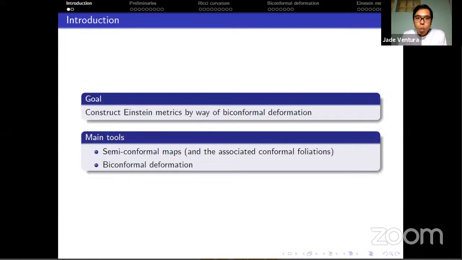The goal of this work is simply stated: to construct Einstein metrics by way of biconformal deformation. So biconformal deformation is one of the tools of this work, along with semiconformal maps and the associated conformal foliations. These two main tools we will define in later slides.